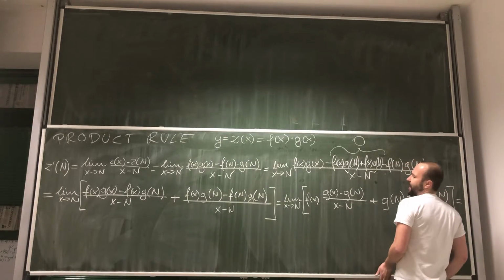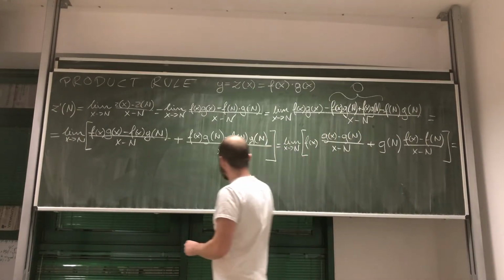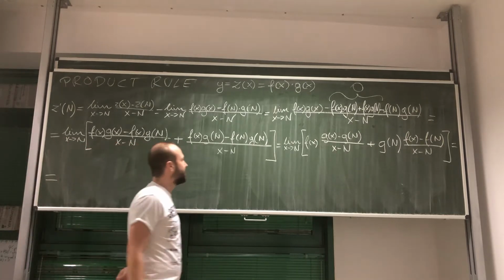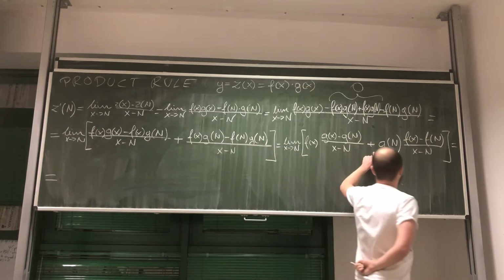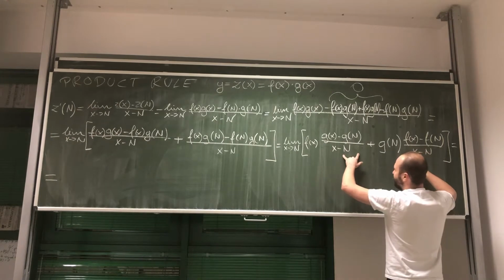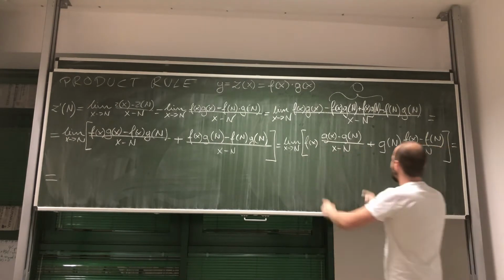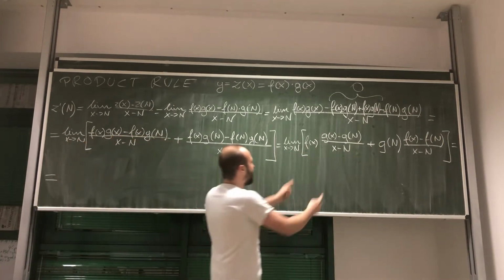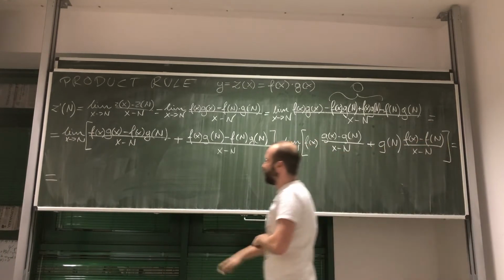Okay, I hope it already starts to look like something, but let's remind ourselves of a couple of rules associated with limits. The limit of a sum is the sum of the limits, so I can divide these two into two separate limit expressions. Then we know the limit of a product is the product of the limits, so I can divide those two separately and those two separately. So then what will I get?